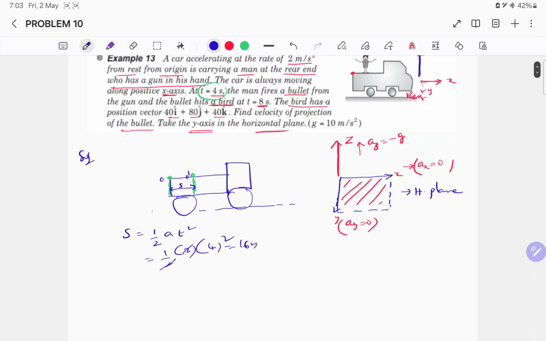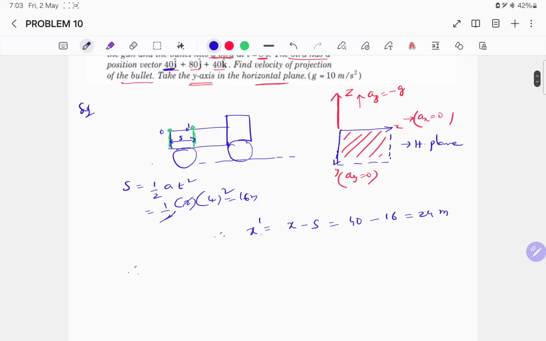So he traveled already 16 meter, but they mentioned that the x coordinate of the bird is 40 meters. So the new distance of the bird after 4 seconds with respect to the boy is now x dash equal to x minus s. Originally 40 meters, because he already covered 16 meter, it will be just 24 meter now. To travel 24 meter with no acceleration, what is the velocity required?